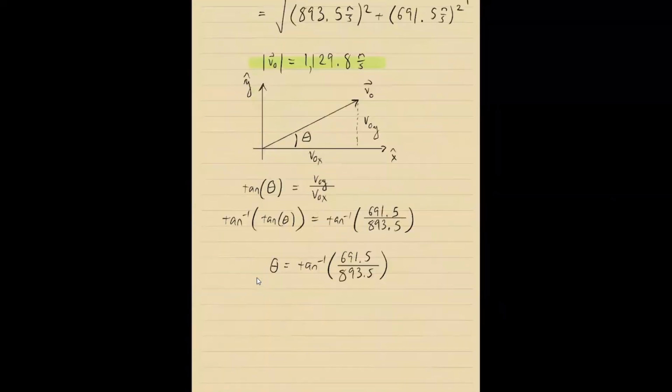If you punch this into a calculator, it's going to spit out an angle of about 37.7 degrees. So there we go. We have both the magnitude as well as the direction for our initial velocity vector. So this angle here is about 37.7 degrees.